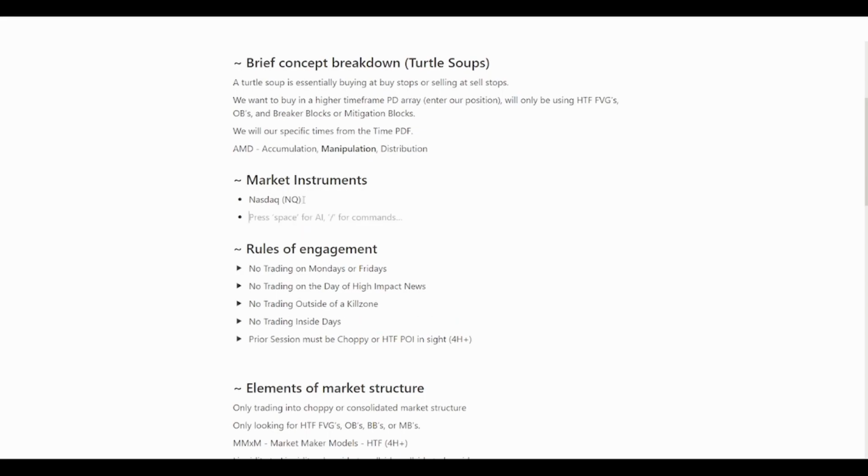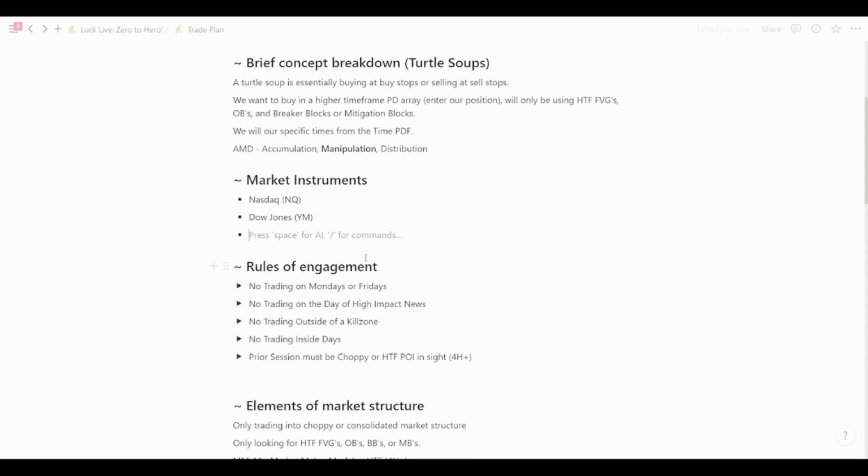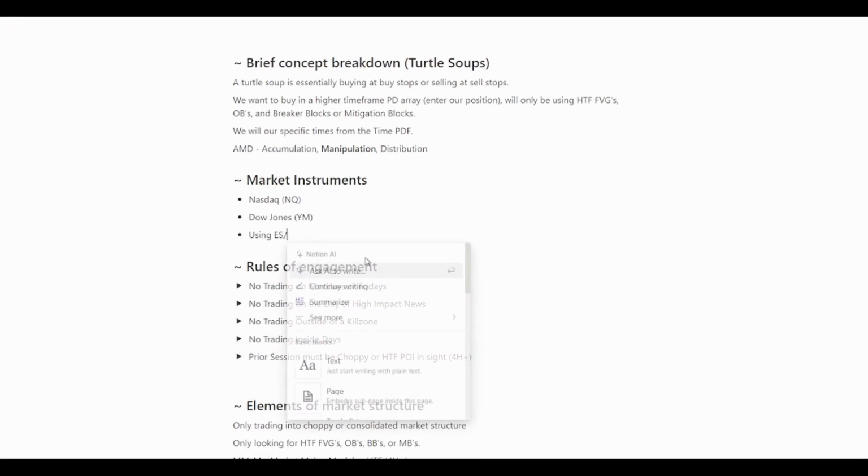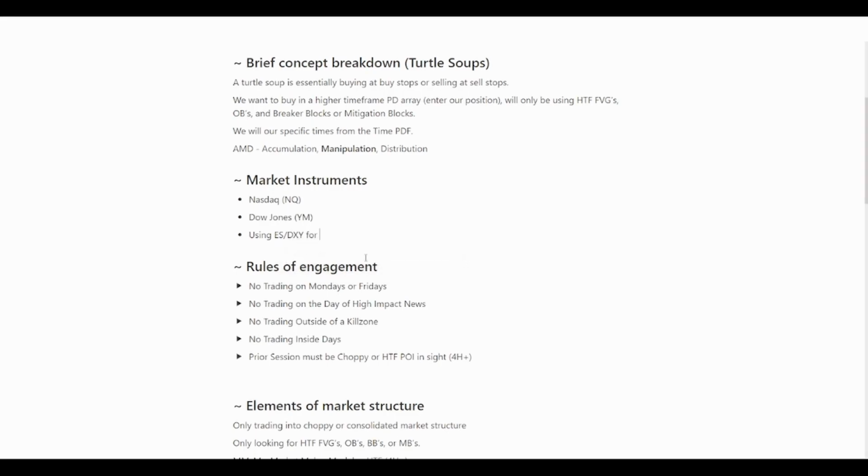And we are going to be trading the Dow Jones. This is going to be YM. I'm only going to be trading these. And then using ES and the dollar index for additional SMT. But I'm only going to be trading these 2 right here, the NASDAQ and the Dow Jones.